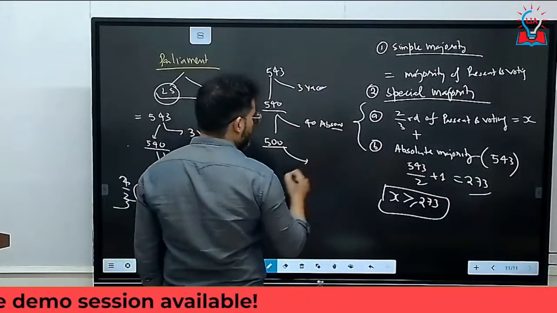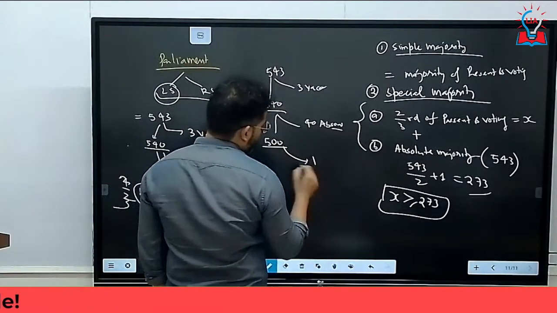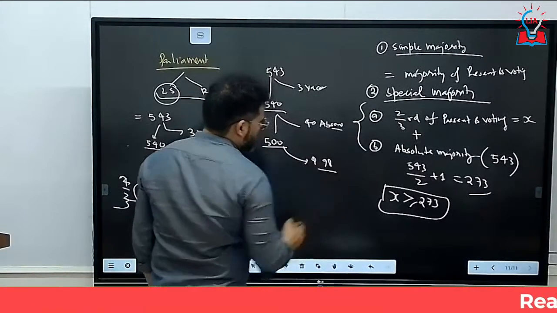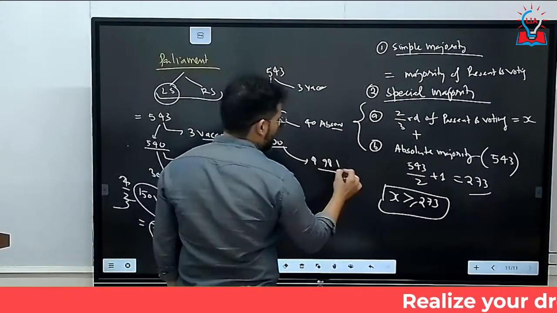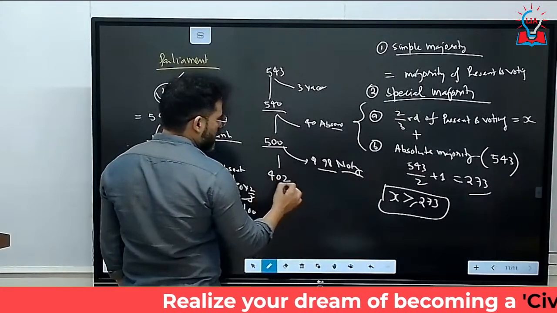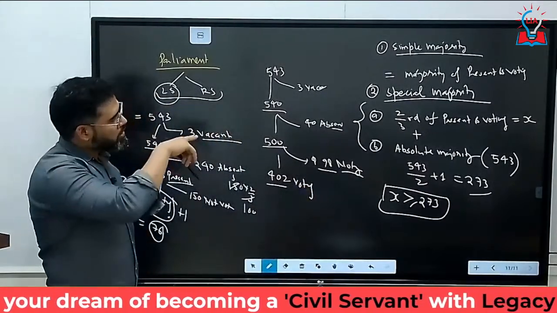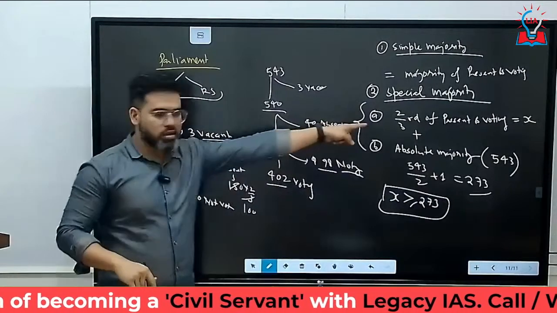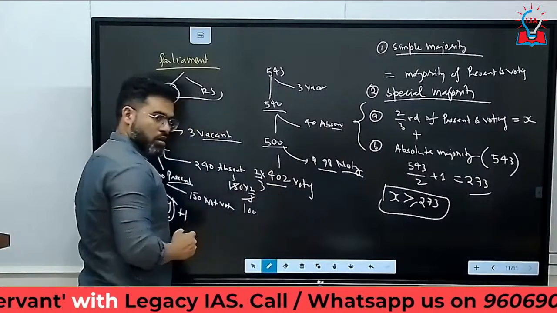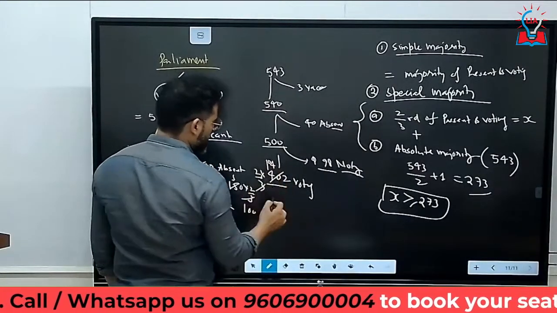And out of 500, for example, 98 are basically not voting. How many are voting now? Correct? We have to take 2/3 of this. Take 2/3 of this. What value came? 104. How much will this be?